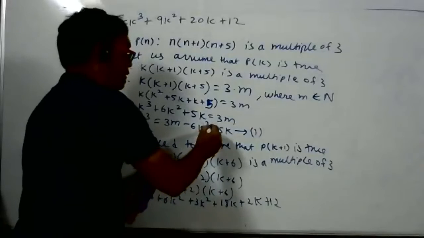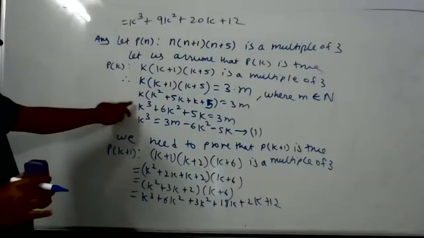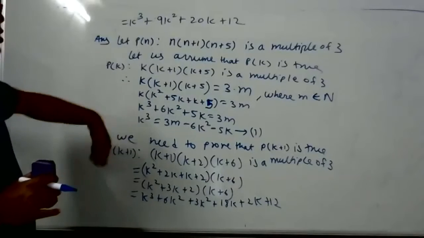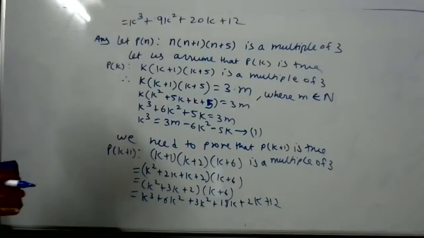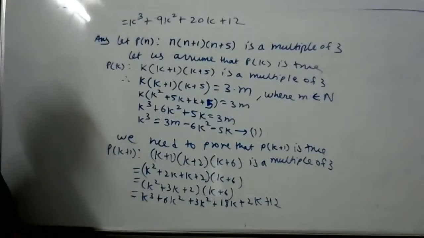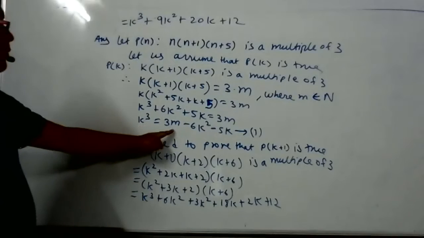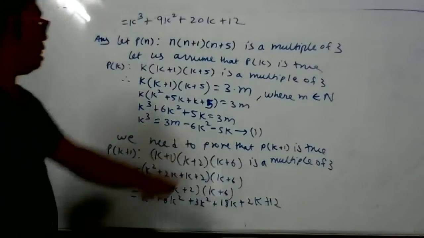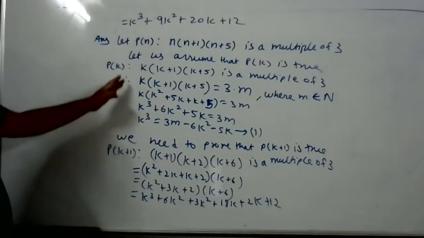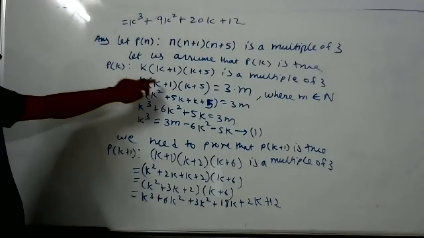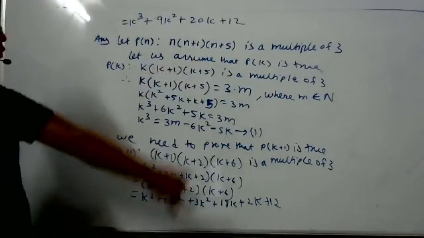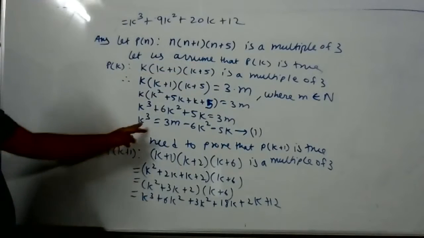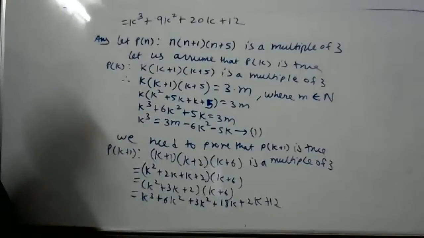From P of K, we should take the value of K cube, the highest power, and substitute in this equation. This we got from P of K, because we know K into K plus 1, K plus 5 is 3 into some natural number. So from here we got K cube.